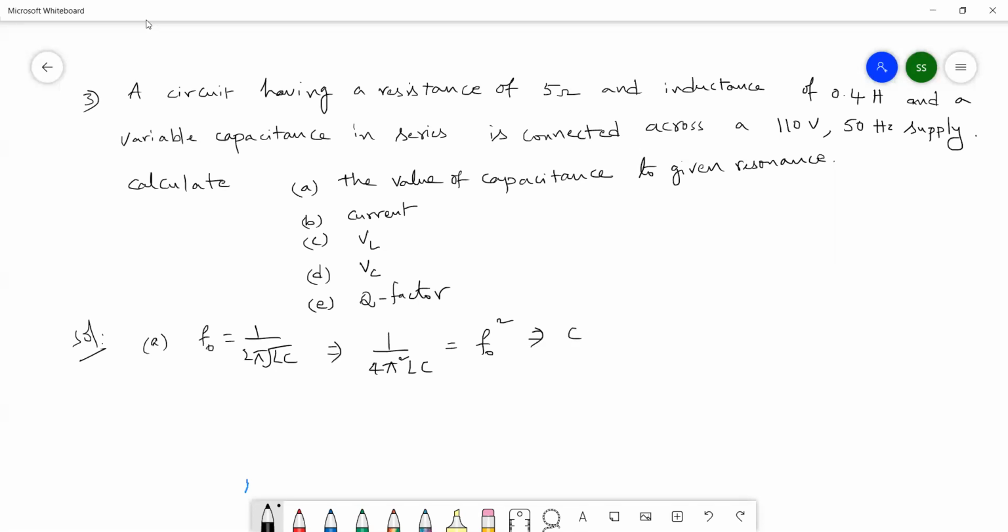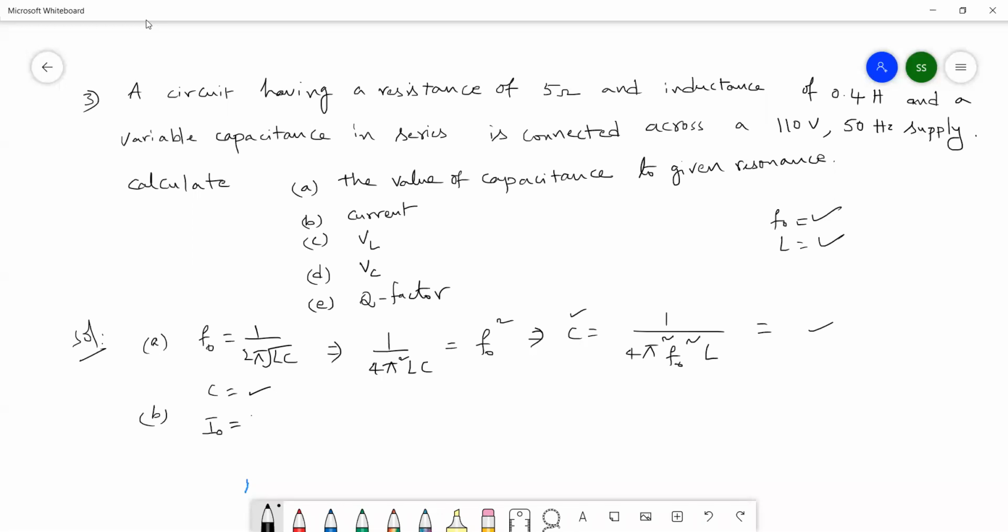So from this, C equals 1 by 4 pi square F0 square L. You know the value of F0, and you know the value of L from the given data. Substitute and you will get the value of C here.